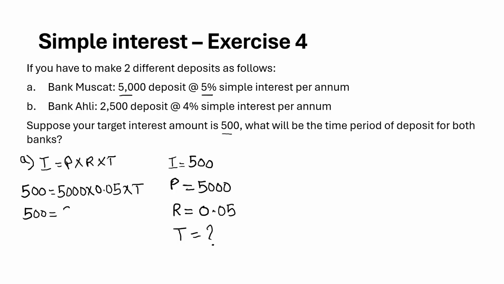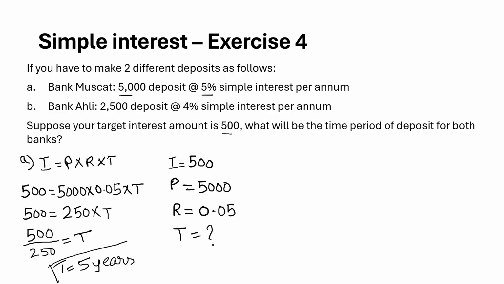Take it on the calculator, it will give you 250 multiplied by T. So again this multiplication we will take from right side to left side, it will become divide. So 500 divided by 250 is equal to T. So my T is 5 years. My T is 5 years for the first bank. Is that clear, everyone?